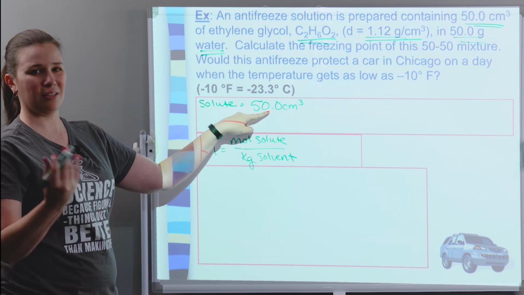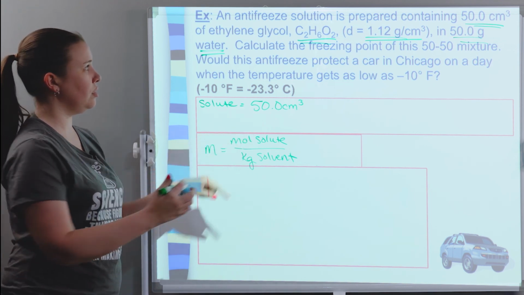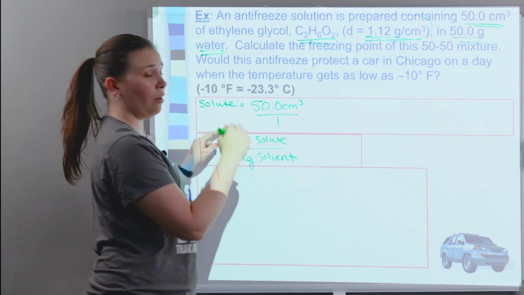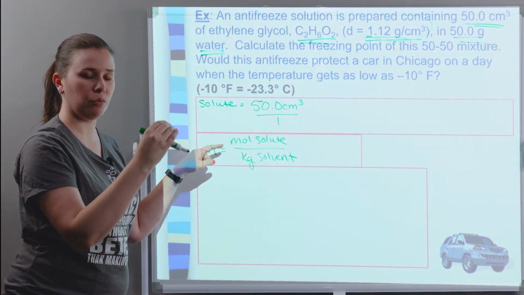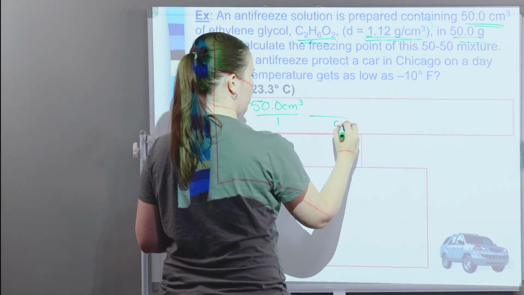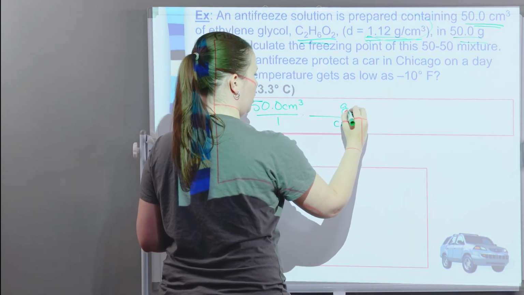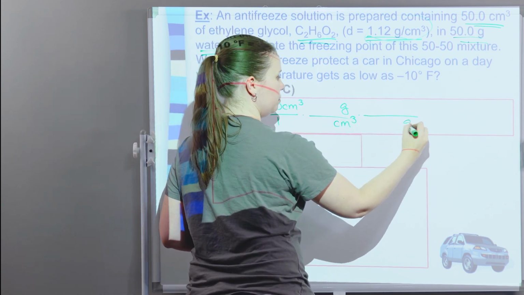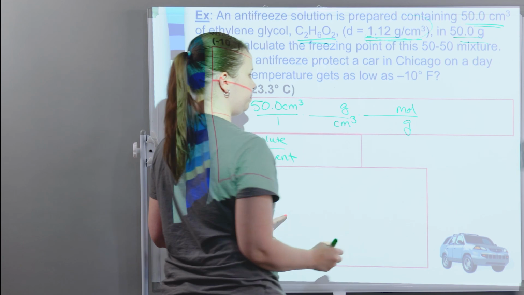But right now it's in volume. So the first thing I'm going to do is use this density to get towards grams, because then I would be able to go from gram to mole. So first I'm going to put my cubic centimeters on the bottom, gram on top, and then to take it to the moles, gram on the bottom, mole on top.